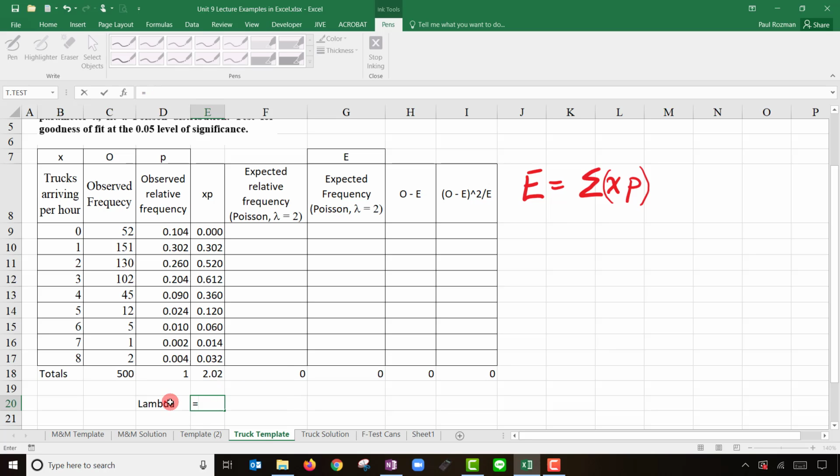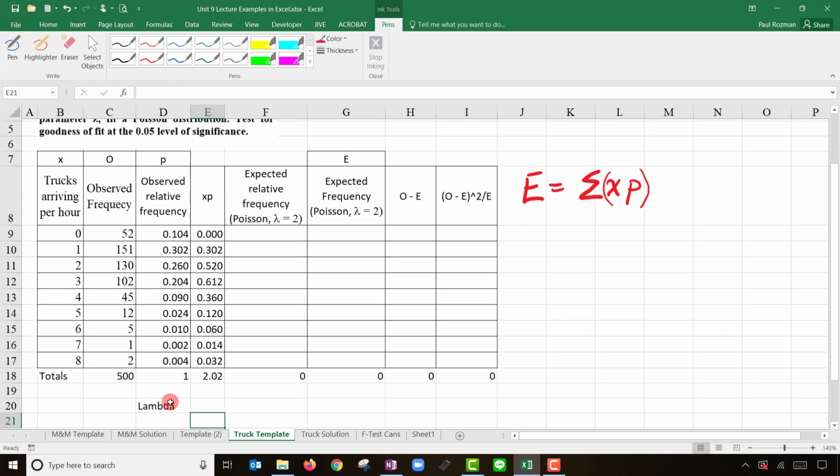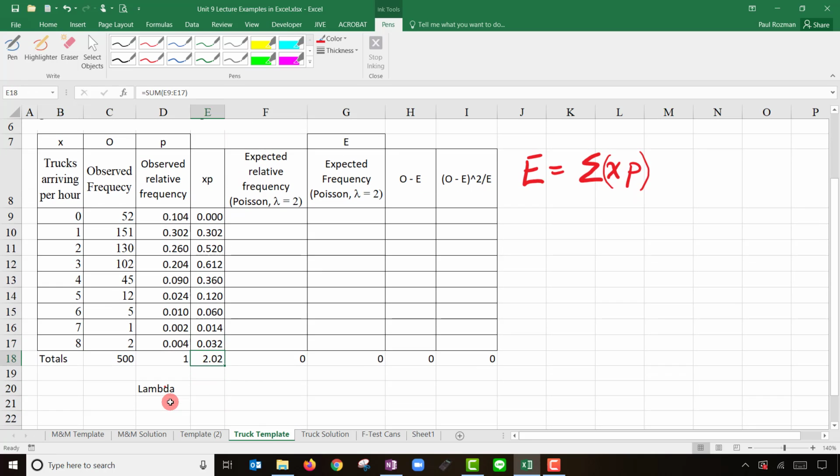In the instructions there, I believe it said round it to 1 decimal place. So let's do that. Right now it's given as 2. Excel's keeping an infinite number actually.